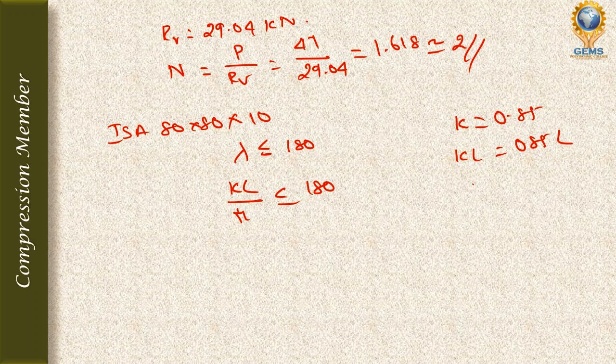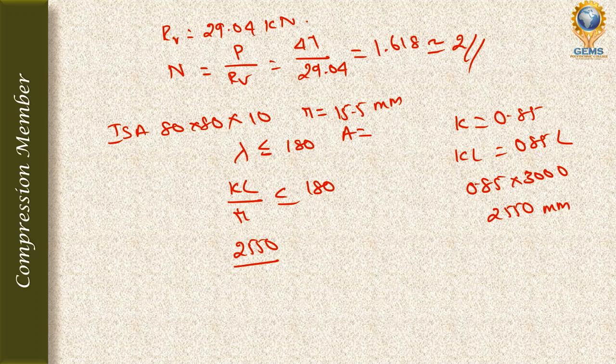So 0.85 into 3000 will give 2550 mm. So our KL is 2550 by r. For this angle section, r is equal to 15.5 mm and the area is equal to 1505 mm square.